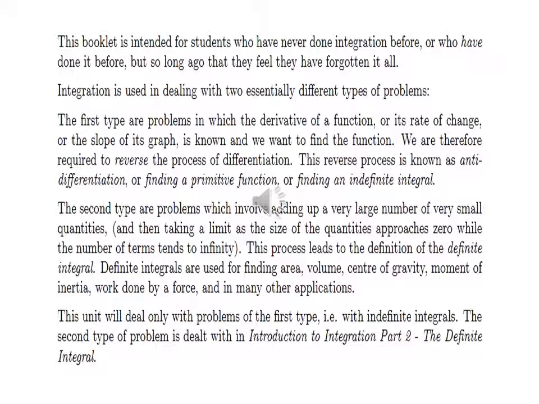Definite integrals are used for finding area, volume, center of gravity, moment of inertia, work done by a force, and in many other applications. This unit will deal only with the problems of the first type, i.e. with indefinite integrals. The second type of problem is dealt with in the introduction to integration, part of the definite integral.